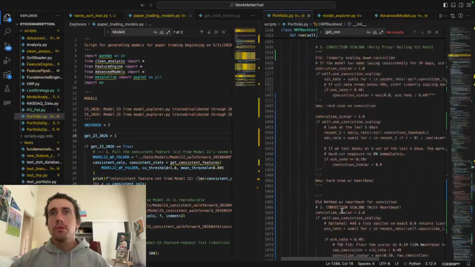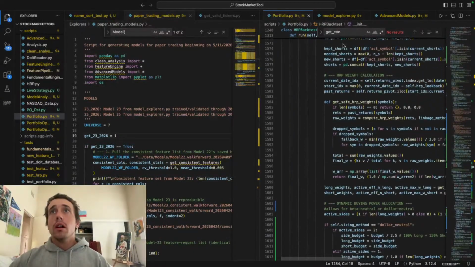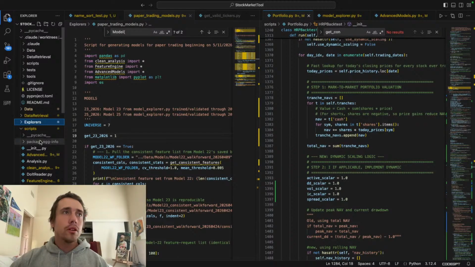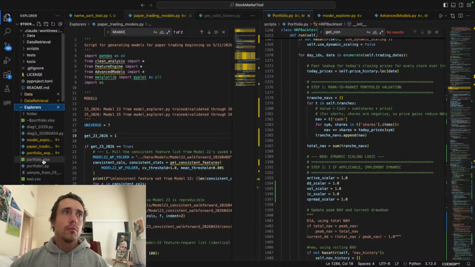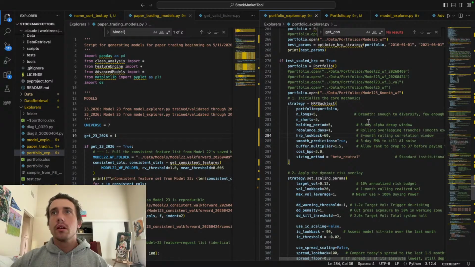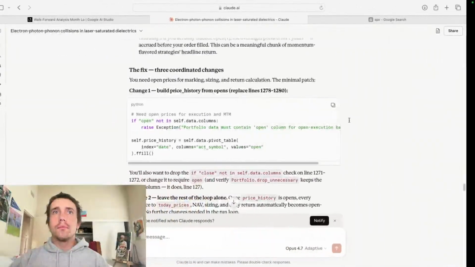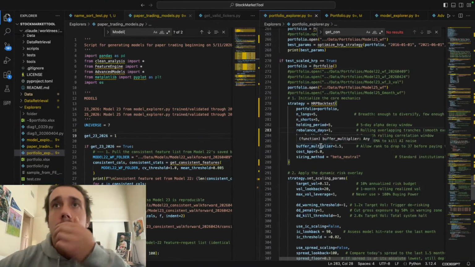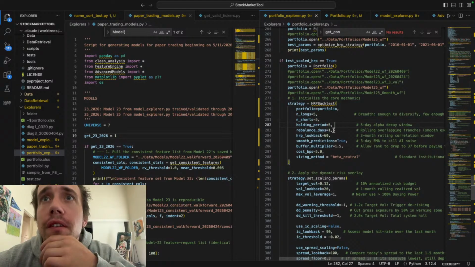Okay, now let's run that simple portfolio strategy. So, Portfolio Explorer. Let's take out this. Turn on model 25, walk forward. Okay, so 5 longs, 5 shorts, hold for 5 days, rebalance every day.